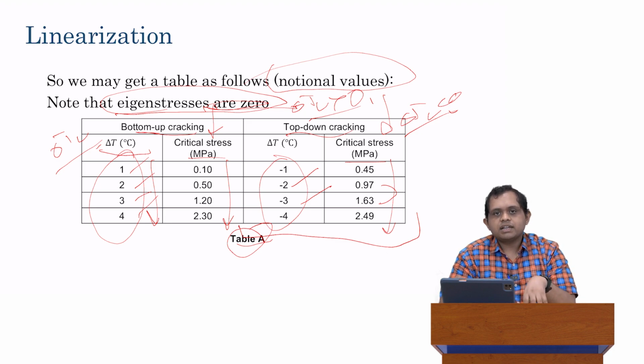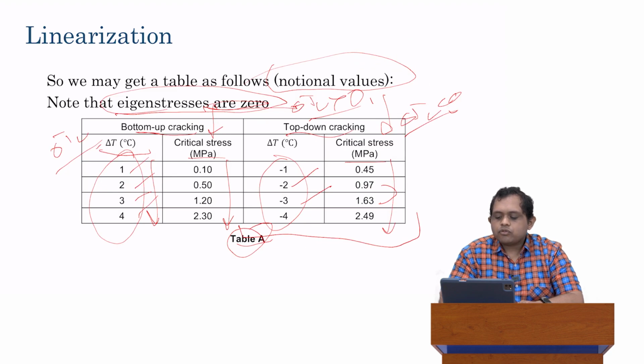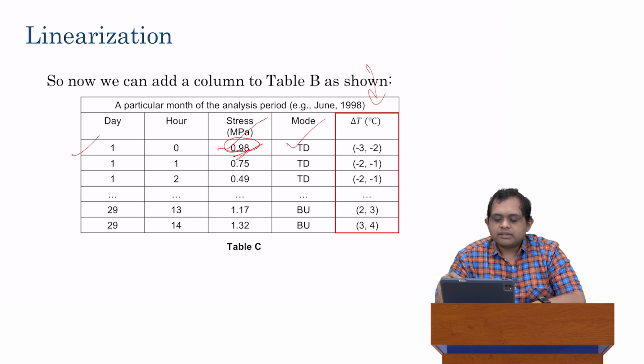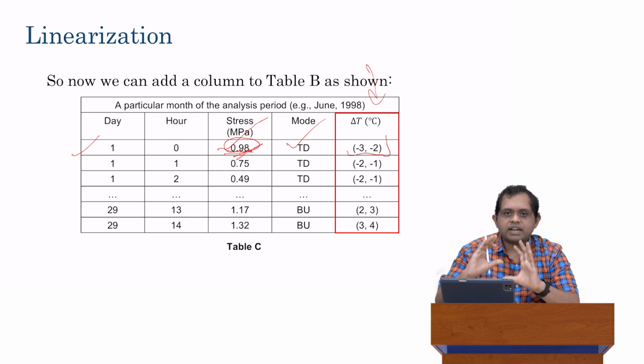The 0.98 is the stress we get for the actual temperature distribution for that month and for that hour. So that means 0.98 is going to occur somewhere between -2 and -3 degrees Celsius difference. We note that information down in this table. So at 0.98, its range is -3 to -2. The temperature range where it would occur is -3 to -2.